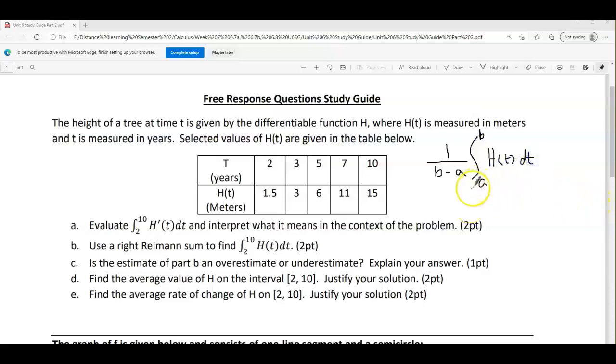Okay? So in this case, my a and my b would be the 2 and the 10. So 1 over 10 minus 2. And then bracket, and then the integral.